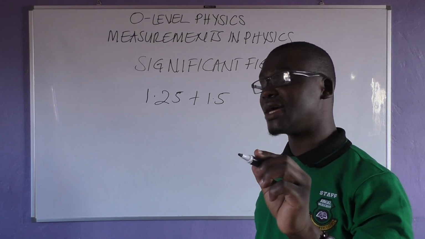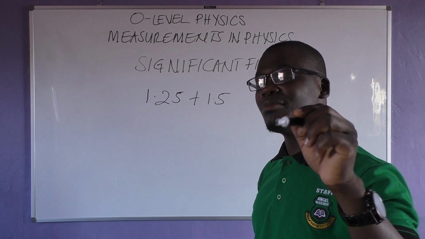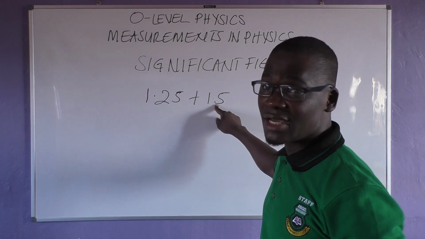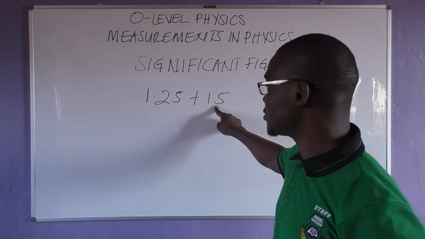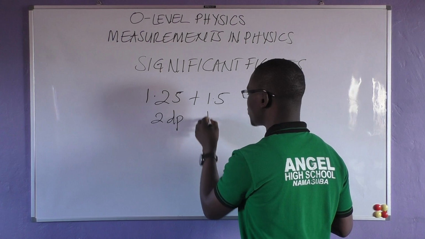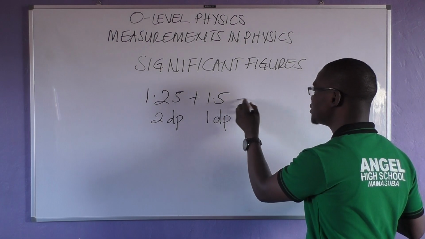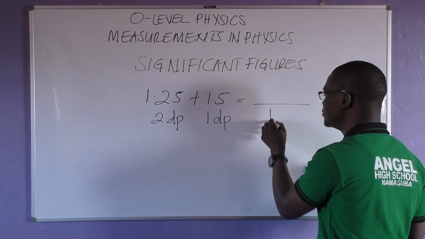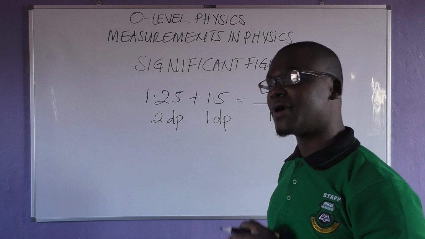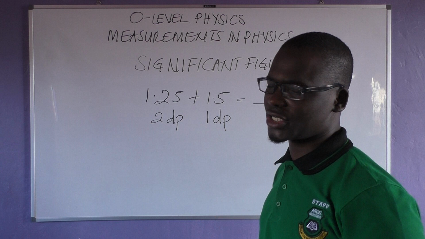And the law says that our answer will have the same number of decimal places as the one with the least number of decimal places. So this one has 2 decimal places, and this one has 1 decimal place, meaning that our answer should be to 1 decimal place. That is the law of addition, which also applies to subtraction.